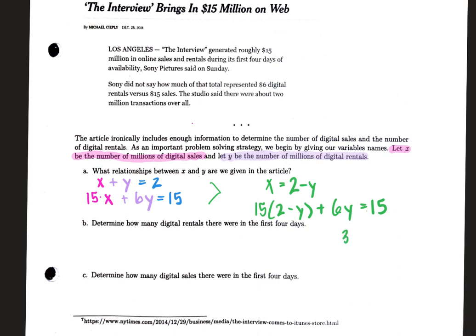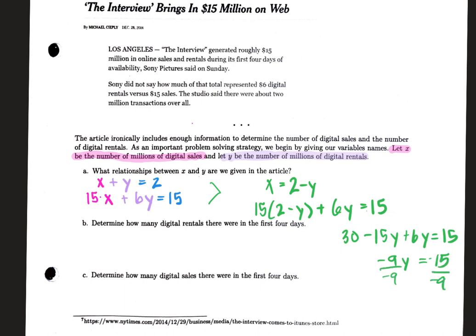So we've got 30 minus 15y plus 6y equals 15. I subtract that 30 over and add the y's. I get negative 9y equals negative 15.